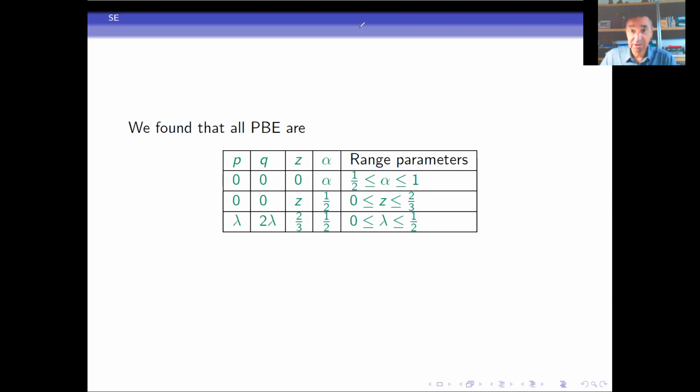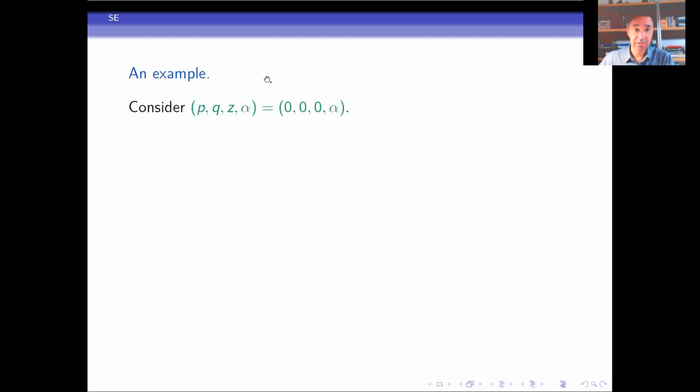Okay. In this recording, we're only going to do one of these different cases, namely this one. And we're going to look at the case where alpha is strictly smaller than 1, like I said before. So what do we do now?